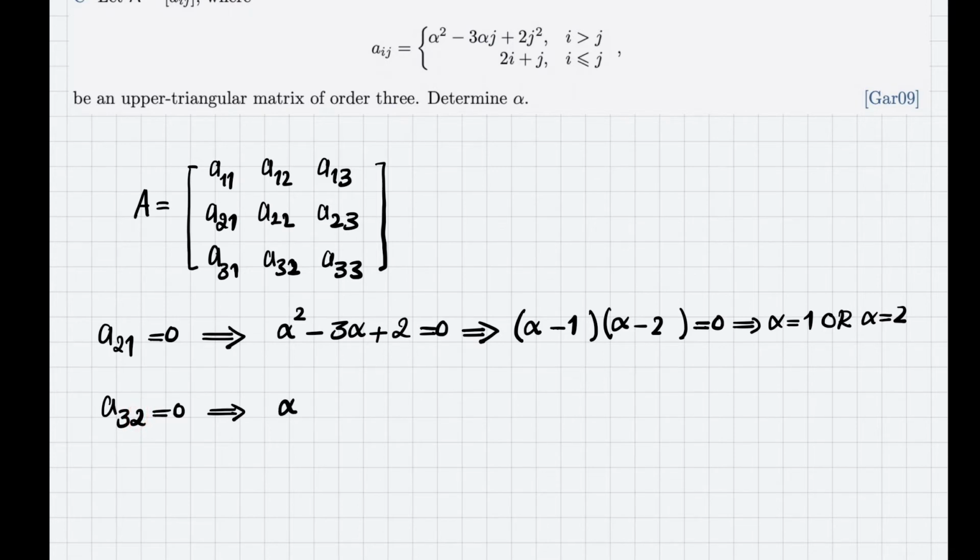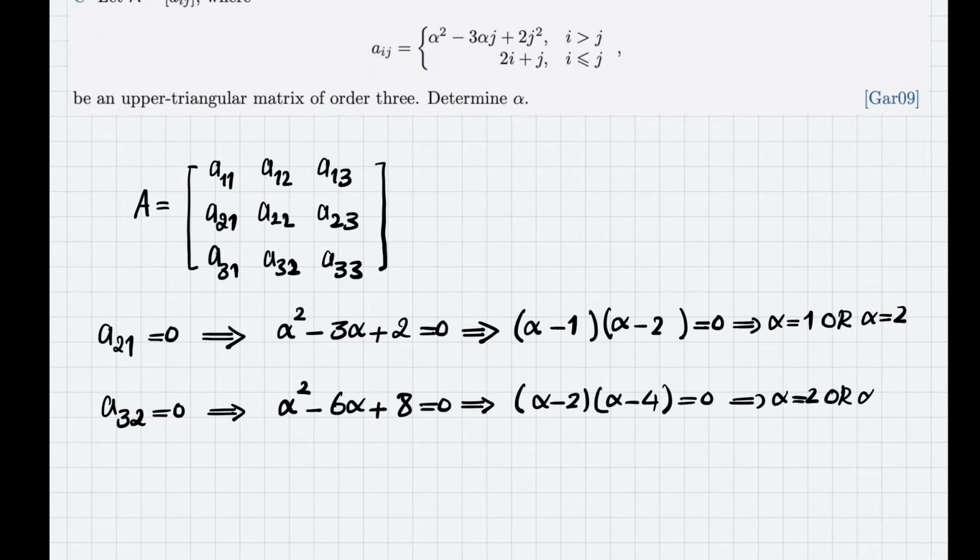So then it becomes alpha squared minus 6 alpha plus 8 is equal to 0. Again, instead of using PQ formula, I can simply factorize it as alpha minus 2 and alpha minus 4. The product of these 2 numbers is positive 8, and the sum of these 2 numbers is negative 6. So this gives me alpha is equal to 2 or alpha is equal to 4.